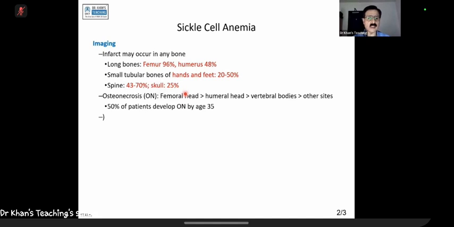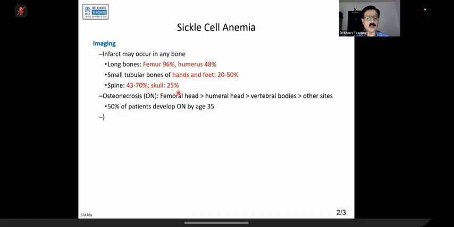Now, in sickle cell disease, I just want you to remember these. This will give you an idea of frequency of involvement. The femur is involved in 96%, most common, and then the humerus. Hands and feet can be involved in 20 to 50%, and spine in 43 to 70%.